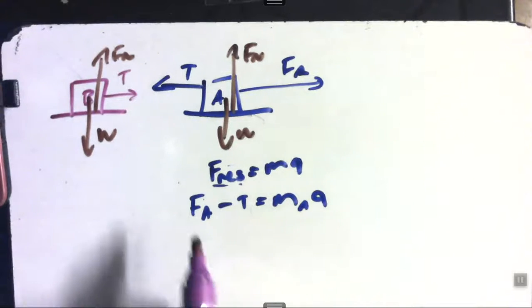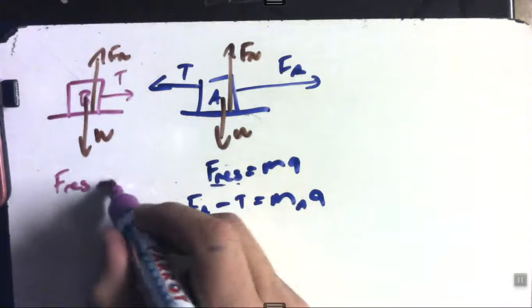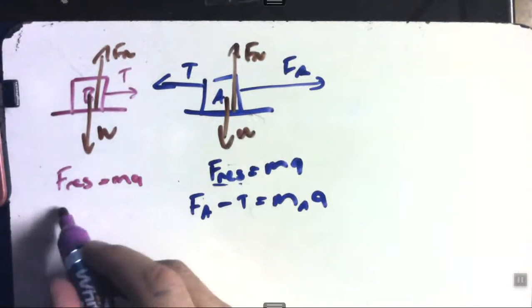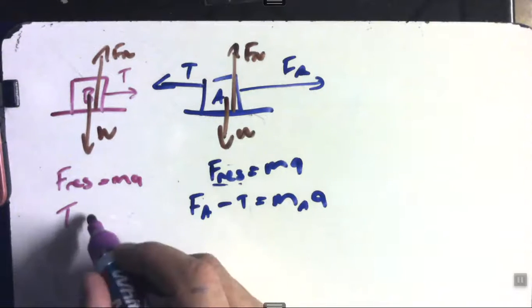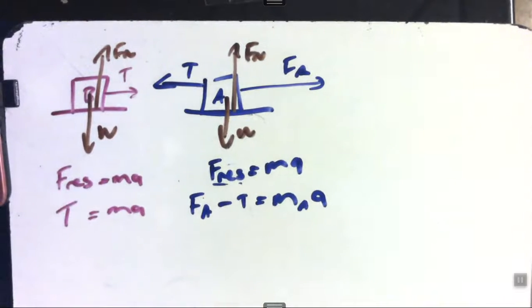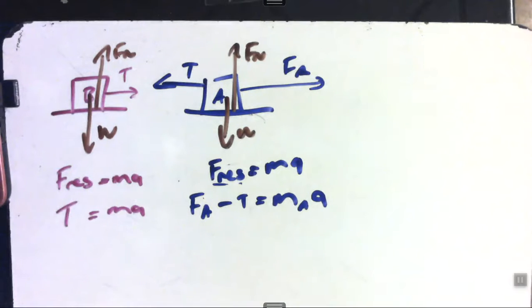Now we can do something similar for block B. The resultant force of block B is equal to the mass times the acceleration. In this case, the only force acting on the block is the tension, and we have mass times acceleration. Okay, so this is if we look at each block individually.